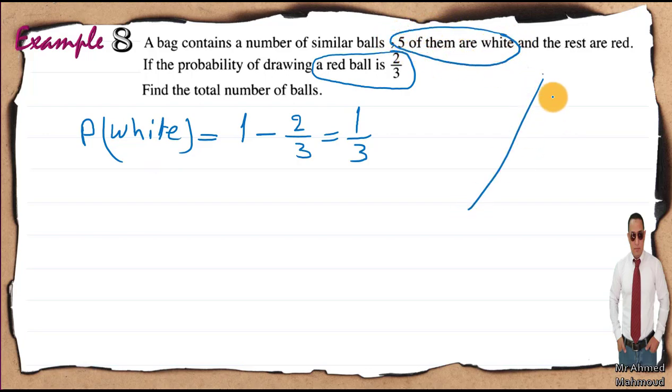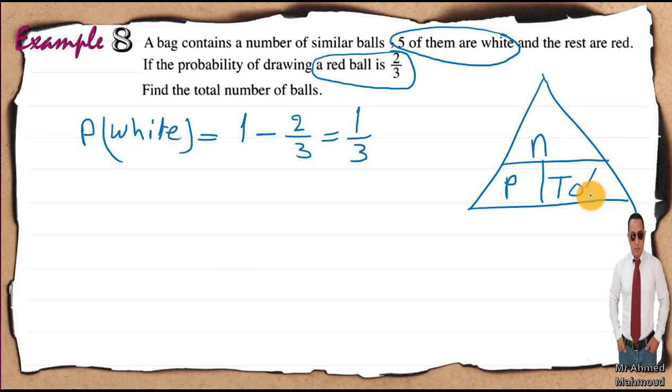Back to the magic triangle. Probability, number, total. Okay, number equal probability times total, and the probability equal number over total. But what if he asked me to evaluate the total? The total equal number over probability.